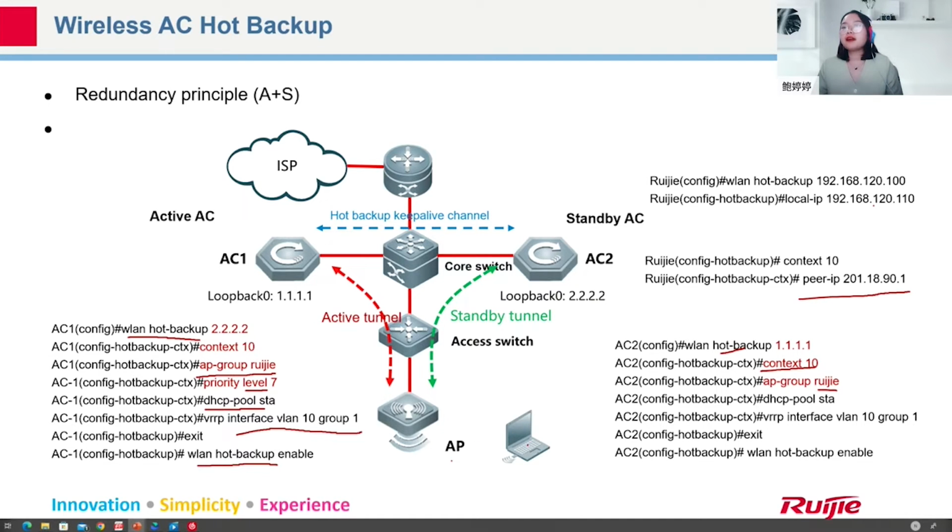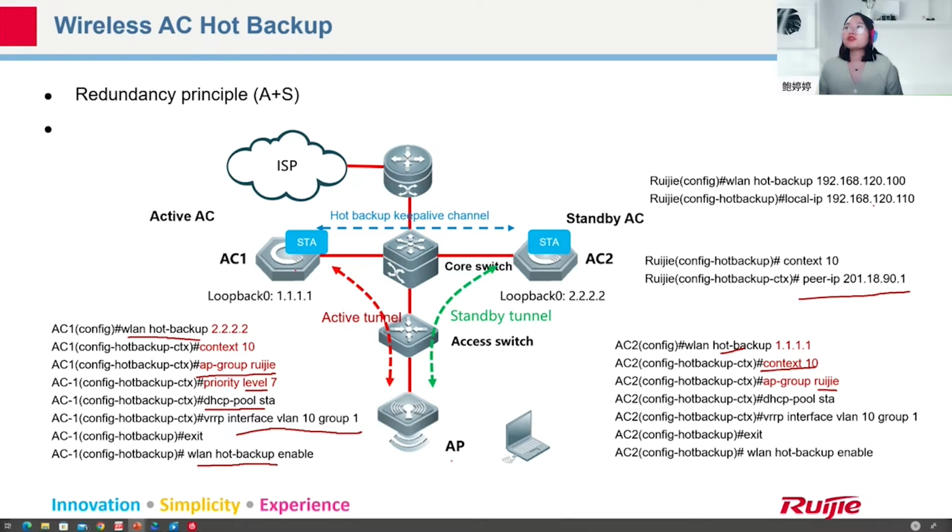Now when the client connects with the AP, the client information will be in AC1, because I will record every client's information from the AP. Then AC1 will synchronize the station information to AC2, and also synchronize the information for the AP.